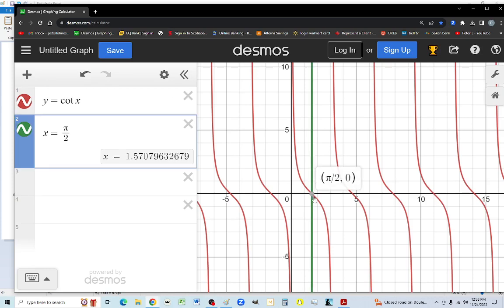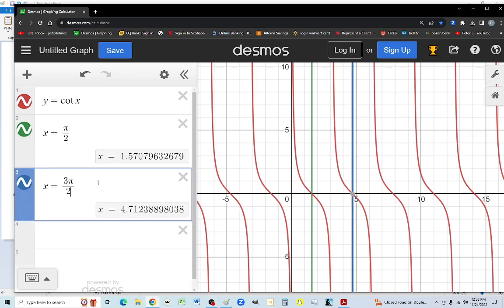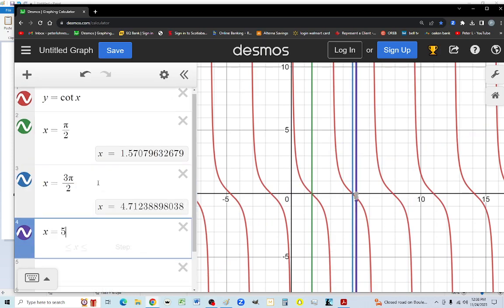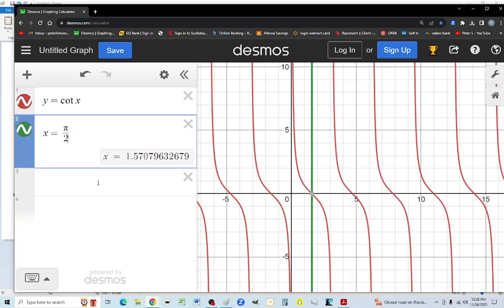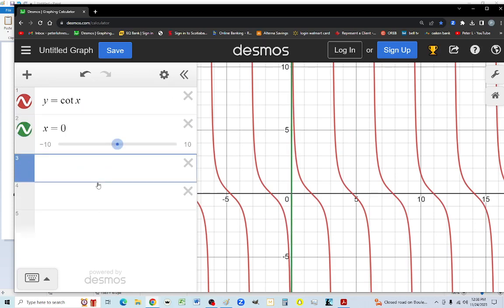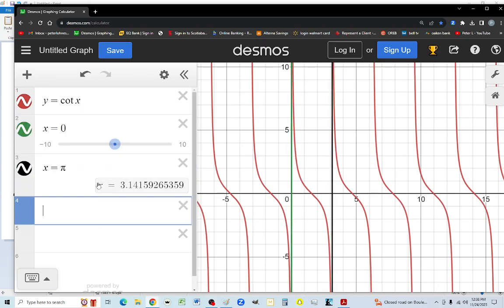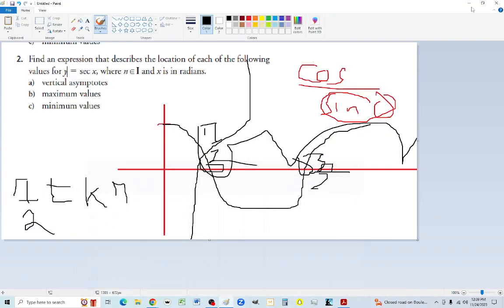That is where the cotangent is 0, and then every pi later, forever and ever. And then, of course, the asymptotes are exactly what we said: x is equal to 0, and every pi later, and every pi before. So it's very easy to figure out where those exist by knowing the relationship to cosine and sine.